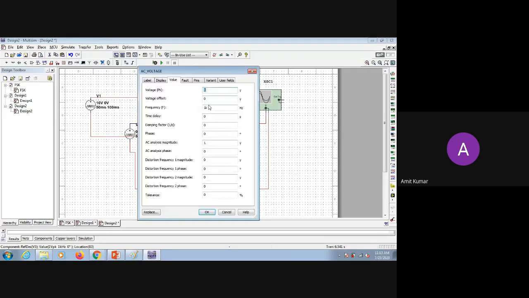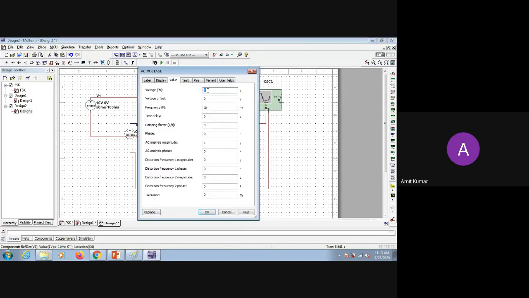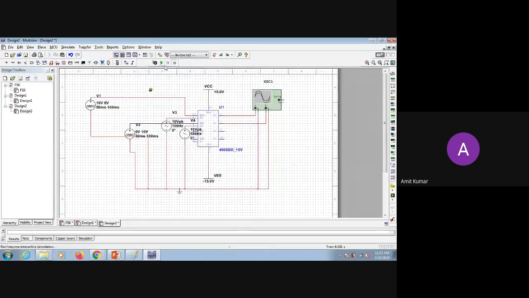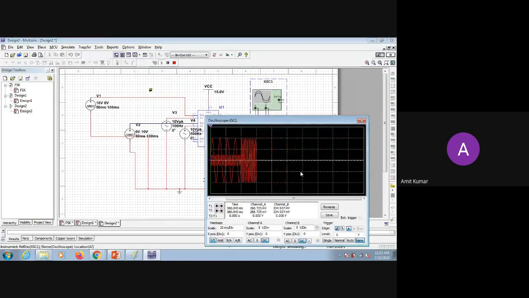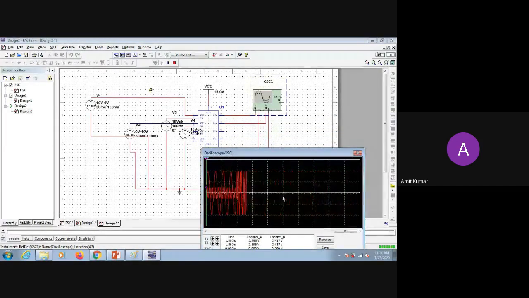So first we can say 1 volt 100 hertz. So we will take a 10 volt 100 and 10 volt 500. Now if you combine together, for zero you will get the lower frequency, and for one you will get the higher frequency.